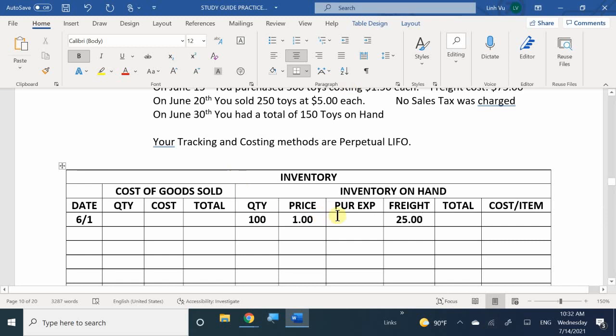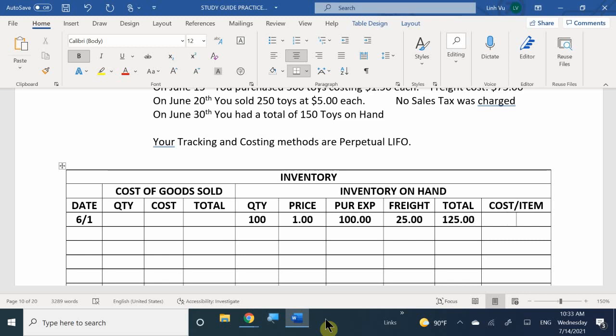So what's my purchase expense? $100 plus $25 of freight gives me a total cost of $125.